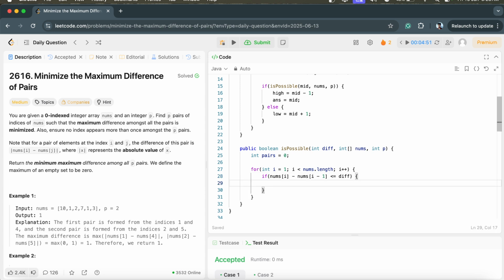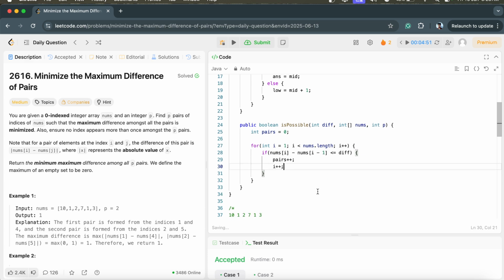Okay, whatever the difference that we are looking at, the first pair that I am picking is nums of i and nums of i minus 1. So 0th index and first index, that is going to be the first pair. Okay, if the difference is less than or equal to whatever the diff value that we are planning to see, then what we will do is the count of pairs will get incremented. Of course, now this is satisfying, so this particular index is something I have to avoid, so I will increment i again.